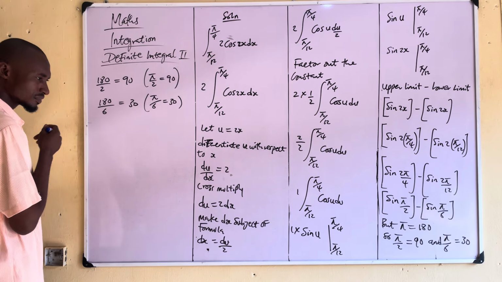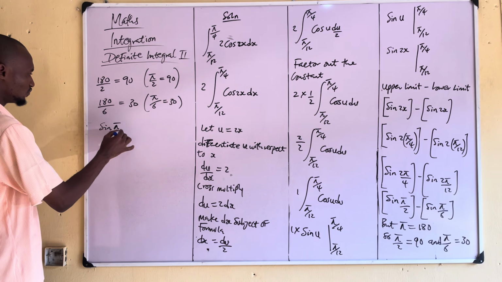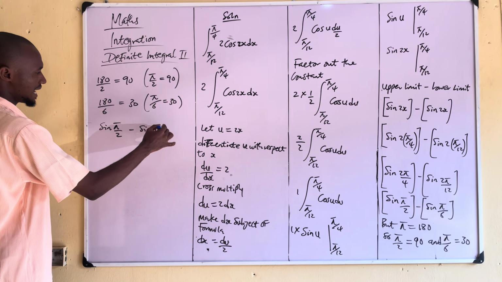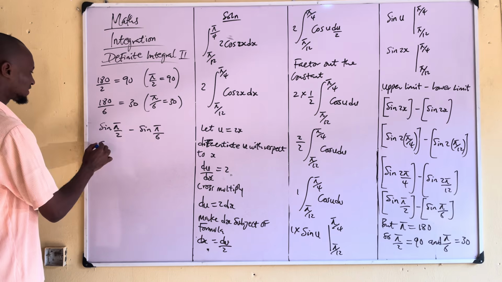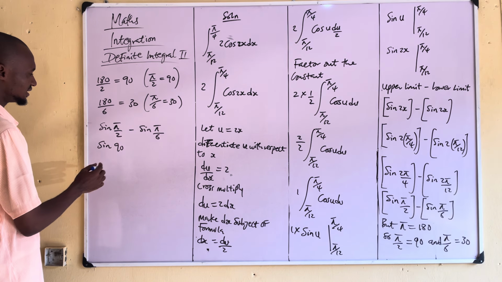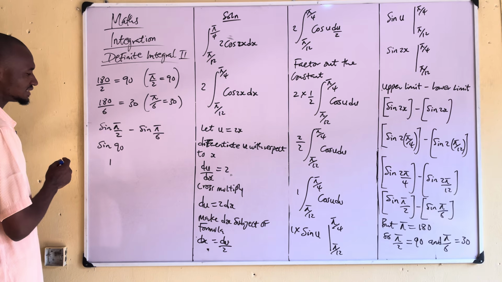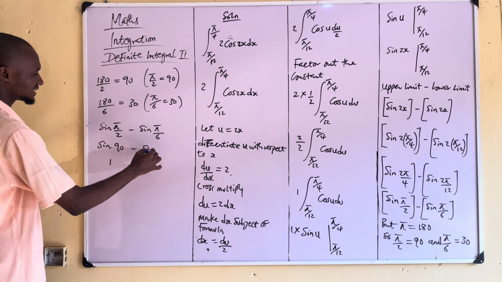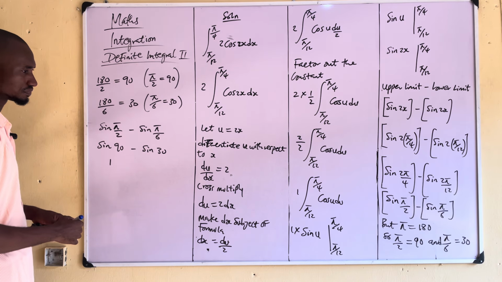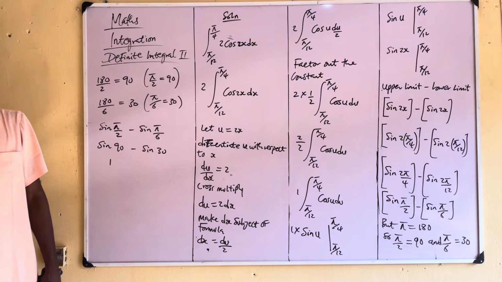Do you understand? So now, remember I have sine pi over 2 minus sine pi over 6. So sine 90 is equal to 1, and sine 30 is equal to 1 over 2.